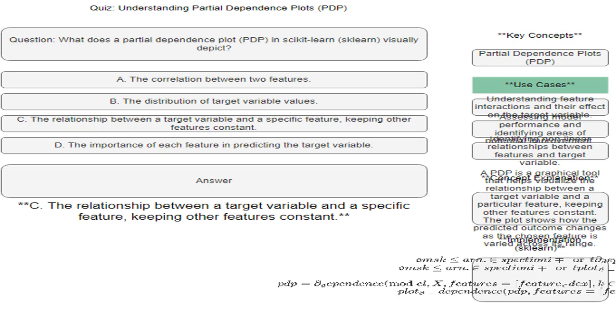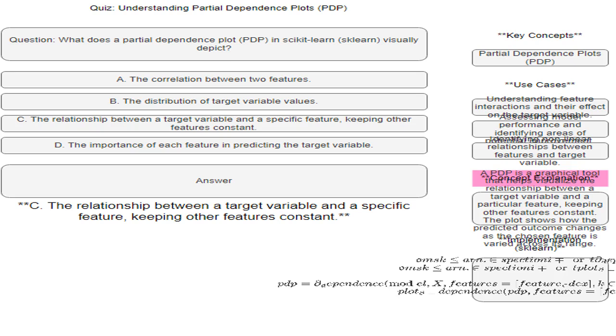For example, a PDP could show that the model is not accurately predicting the target variable for certain values of a feature. PDPs can be used to identify nonlinear relationships between features and the target variable. This is important because many machine learning models are capable of capturing nonlinear relationships.